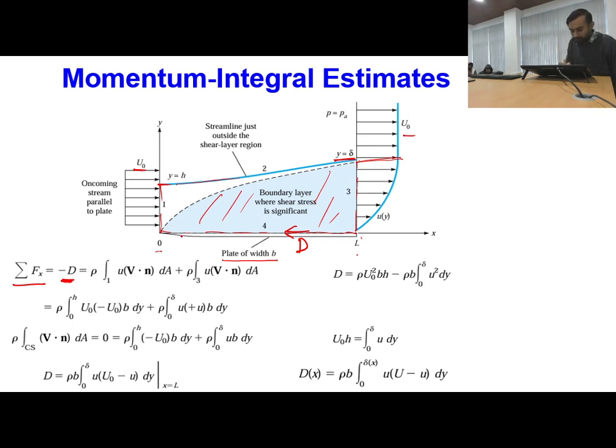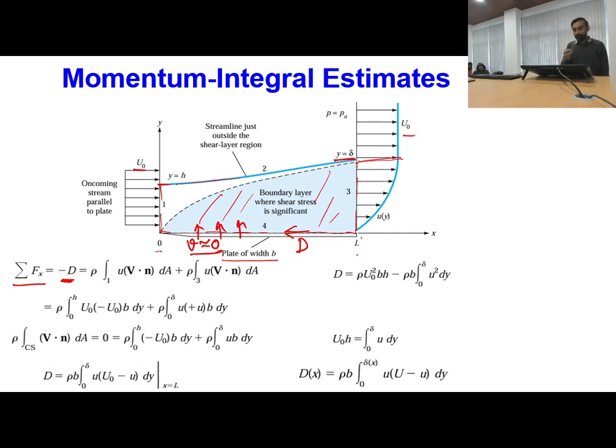So one face of the control volume is the bottom wall, and because of the presence of the solid wall, it will be an impermeable boundary, and I will not be having any vertical component of the velocity, which will be 0. Similarly, in the top portion of the control volume, I have not considered a fixed boundary, rather I considered a streamline outside the boundary layer region as the top portion of the control volume.